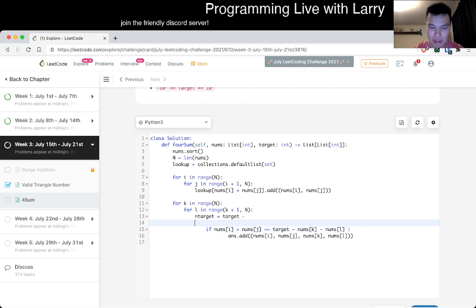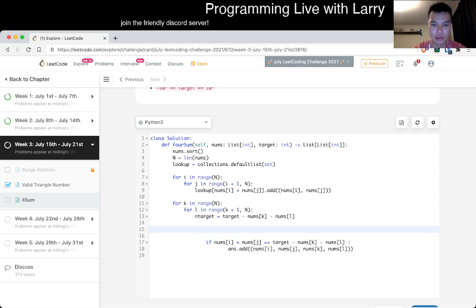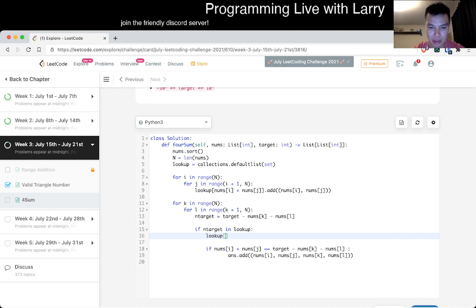So that means that this is on the lookup table, and now we have this thing on the right that we have available to us. And then now we can just do, if the next target is in lookup, then for lookup of n, we have to iterate through it and do some stuff, right?